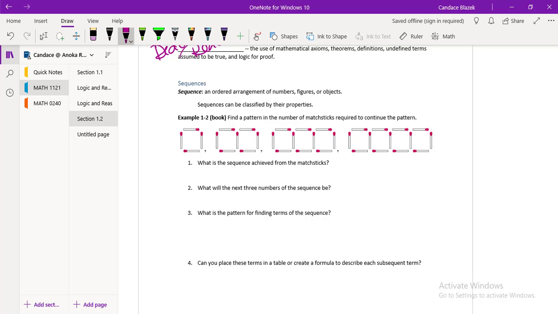We could start with 4 matches, then our second term, 7 matches, then our third term, 10 matches, and our fourth term, 13 matches.